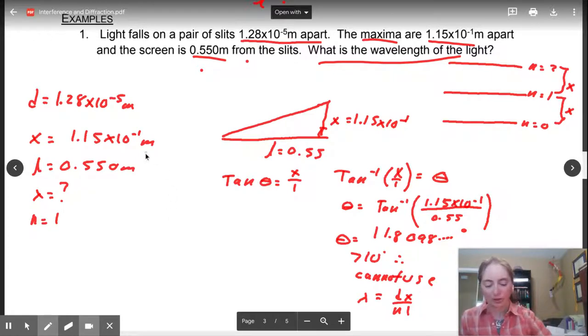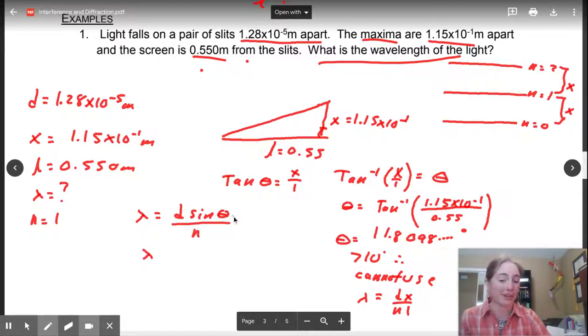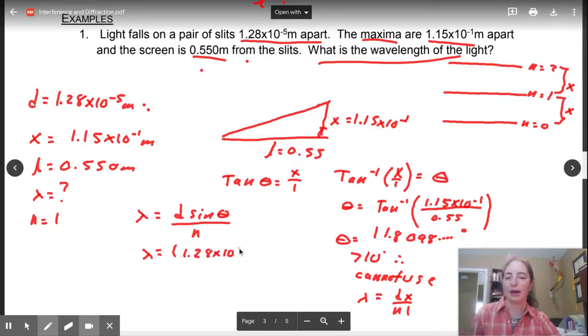So we're going to pull out our other equation from our data booklet. So your lambda is equal to d sine theta divided by n. Well, I already found sine theta, so I'm just going to use that value. And d is this guy here, 1.28 times 10 to the power of -5.